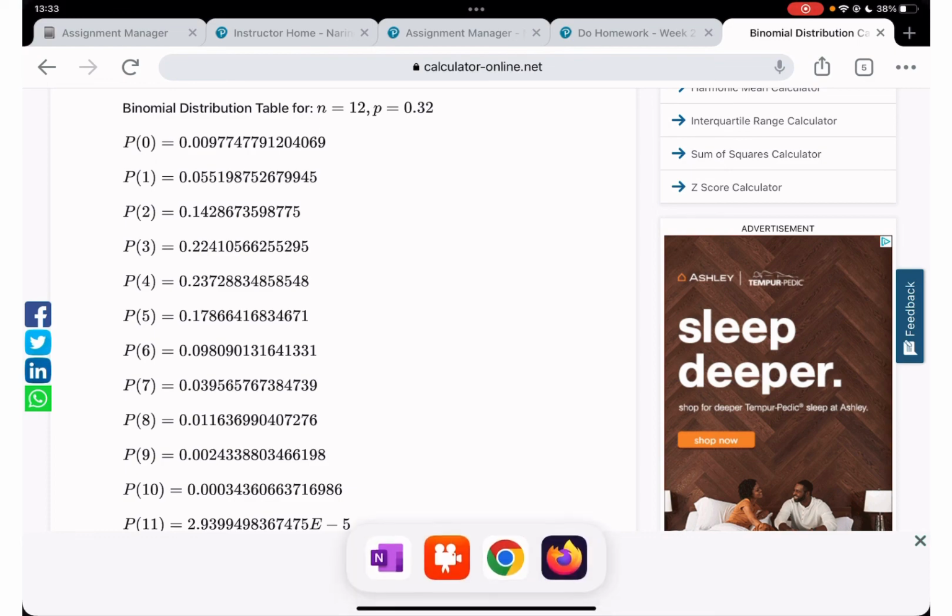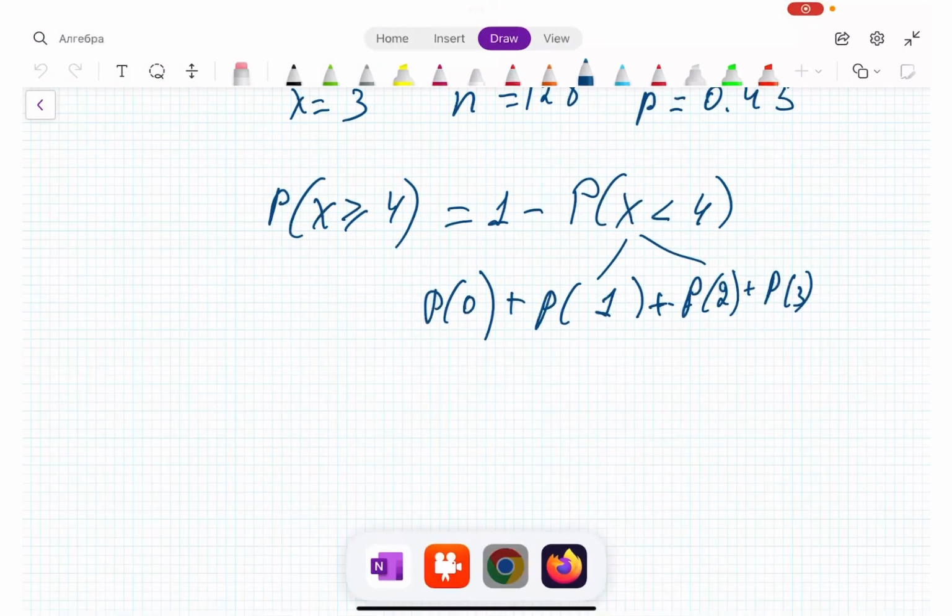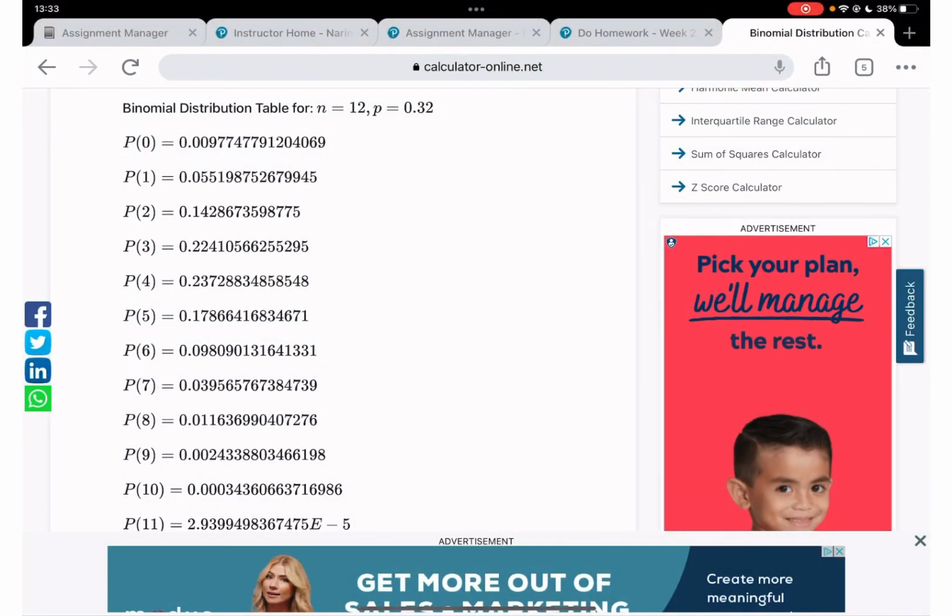Oh, here I forgot to put 0 also. Okay. 0.143, that's the probability of 2, and probability of 3 is going to be 0.224. Okay.